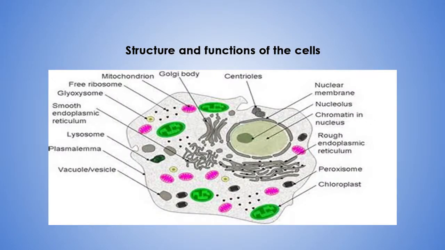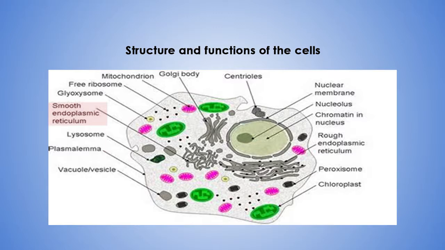Let's turn our attention to the structure of the cell on your screen. The cell has the following parts, as we can see. There's a plasmalemma, which is also the cell surface membrane. There is the lysosome.